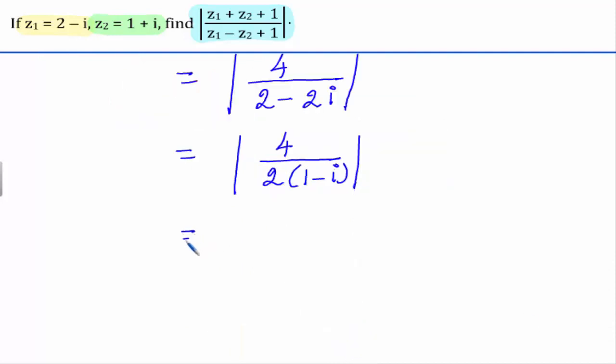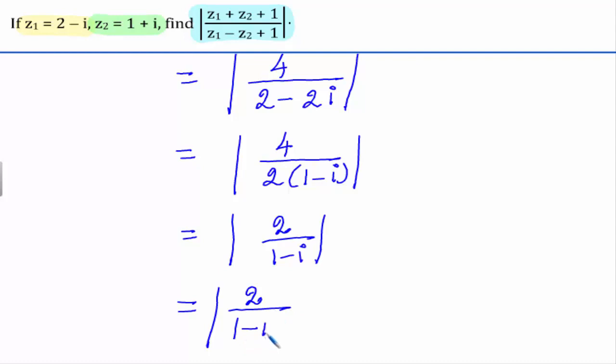So this will be equal to modulus of 2 upon 1 minus i. Now we are going to multiply the numerator and the denominator of 2 upon 1 minus i by the conjugate of 1 minus i, that is 1 plus i.